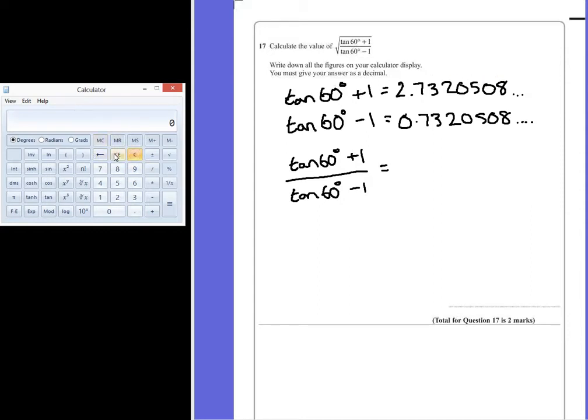Another way is to put the calculation in again, just using brackets to ensure that you have a completely accurate number. Double checking that that was the number that we originally wrote down. Dividing by, open bracket, 60 tan, take away 1, close brackets, which is equal to 3.7320508, etc.